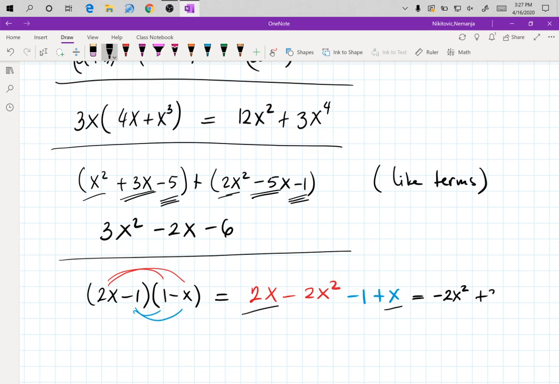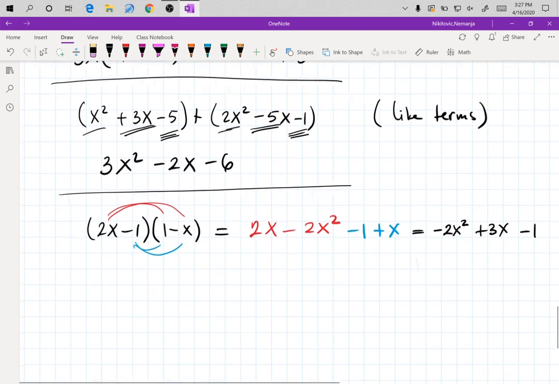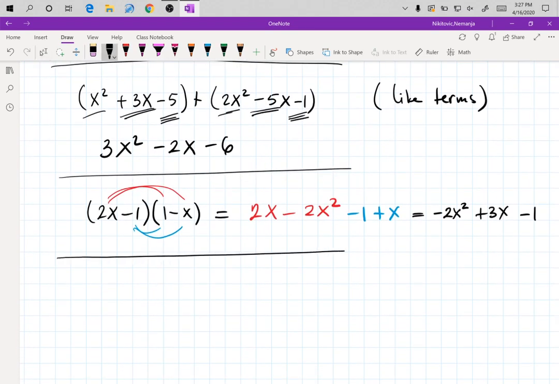Then we have plus 3x, because that's what we added, right, like terms, and at the end minus 1.